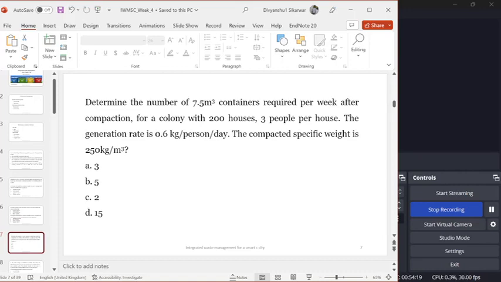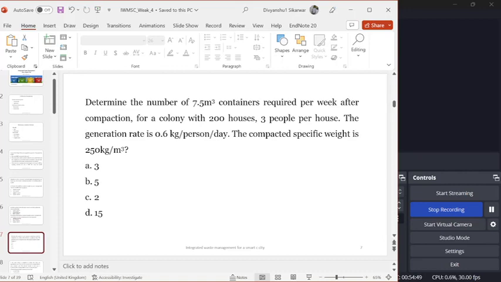So this total amount of weight we are getting at the end of 1 week from 200 houses is around 2520 kgs. And if we divide it by 250, we will get the volume of the waste. The volume will be around 10.08 meter cube, which will be generated in a span of a week.